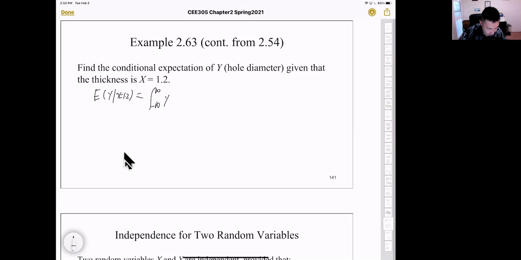That's equal to the integral of y times the conditional function when x equal to 1.2, dy. For the range of y, it is 4 to 5. This part, which we just calculated from two slides ago, is (1.2 plus y) over 5.7, dy.